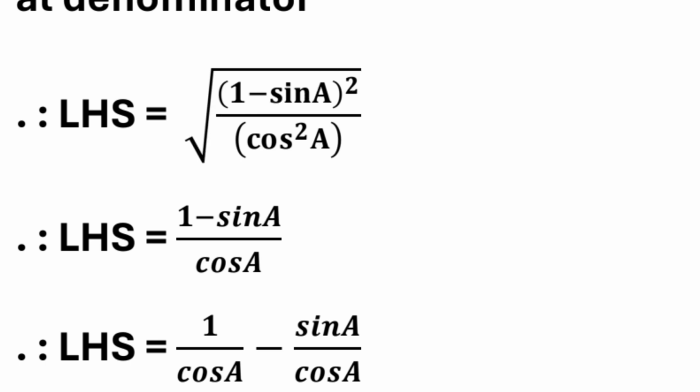Here, we write LHS is equal to square root, and these two squares are cancelled.